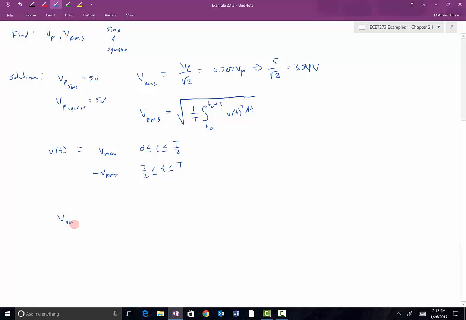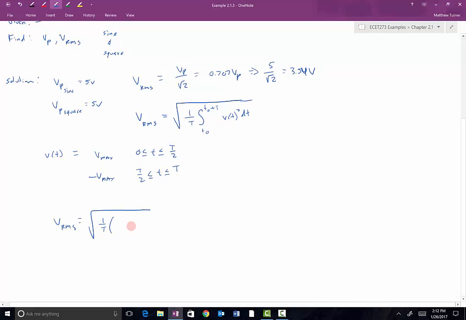So V RMS is going to be equal to the root of 1 over T, and first I'm going to go from the integral from t0 to t0 plus T over 2, that's the first half. And that's v of t squared over those limits, so that's V max squared, and then I put my dt there.